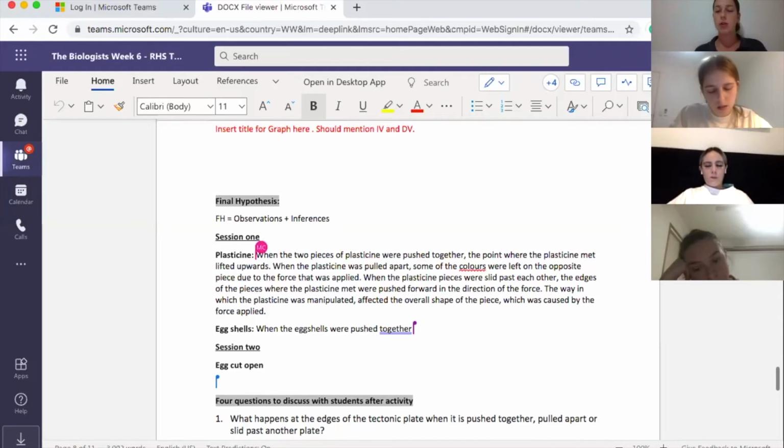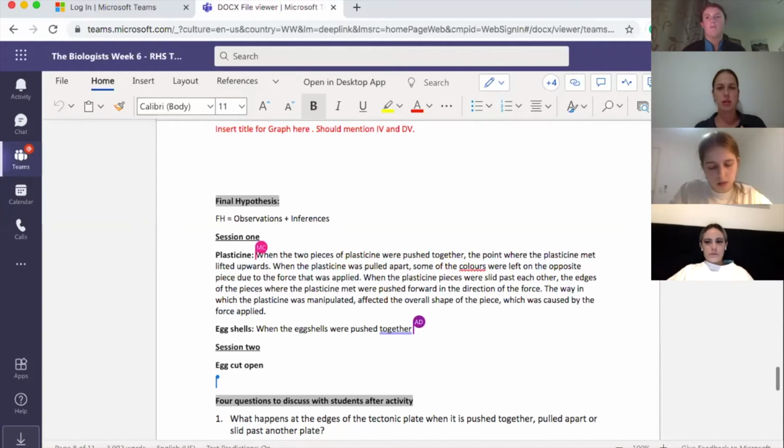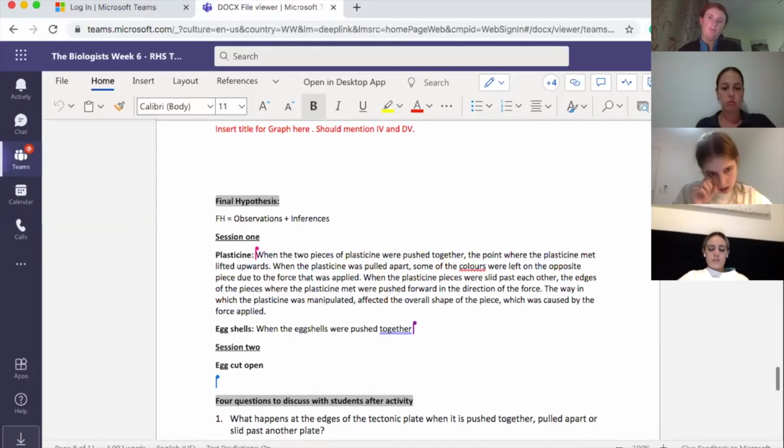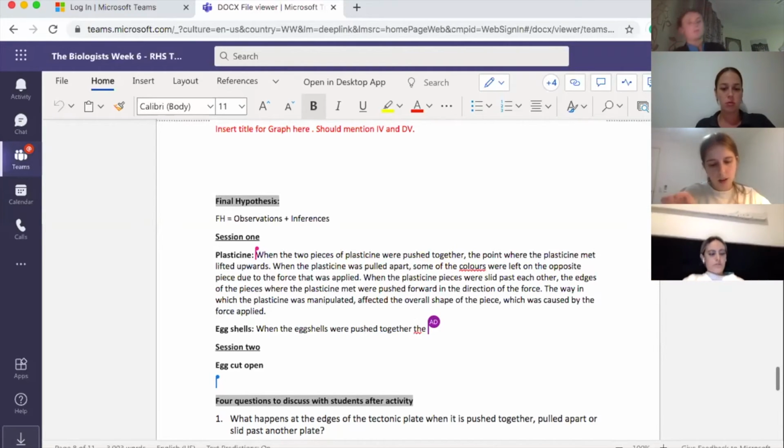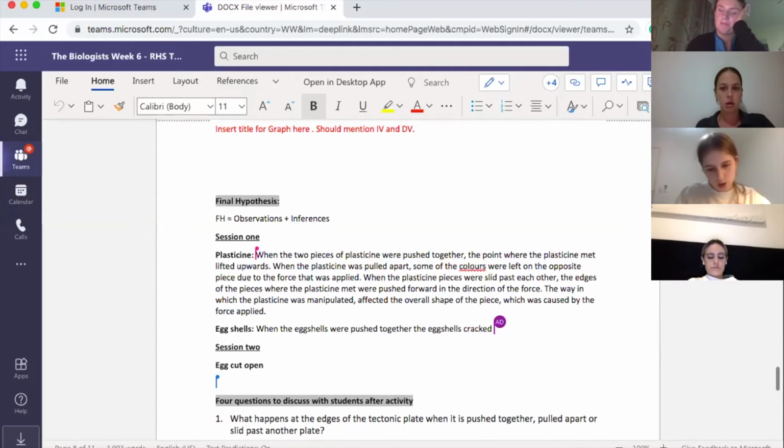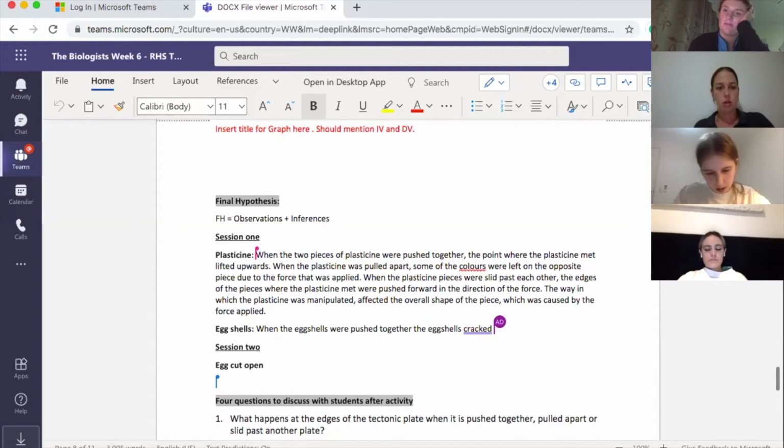Do we say that it was cracked but not shattered, or cracked where the force was applied from? Yeah, along the line. It did lift up a little. It just didn't detach, which is good because that shows.